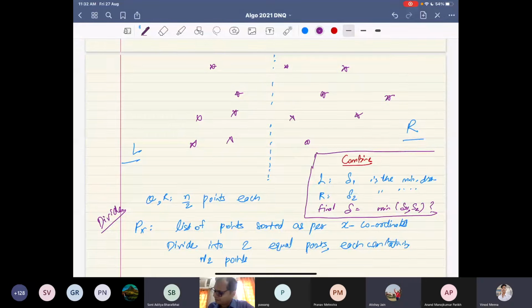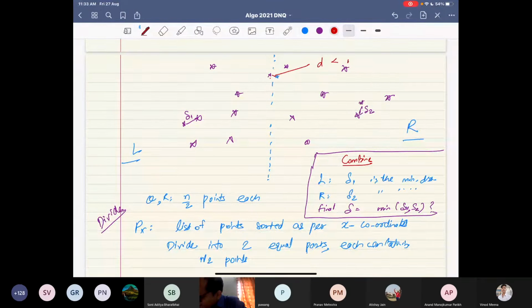There will be some points which are near the partition. So what you are saying, maybe there was a delta 1 here, that is the minimum in the left hand side, and maybe there is some delta 2 here, that is the minimum. But what about a point that is very close to the boundary, as close as possible here, and another point that is very close to the boundary, and their distance can be less than the minimum of delta 1, delta 2.